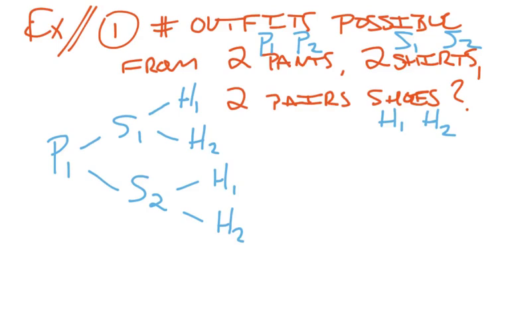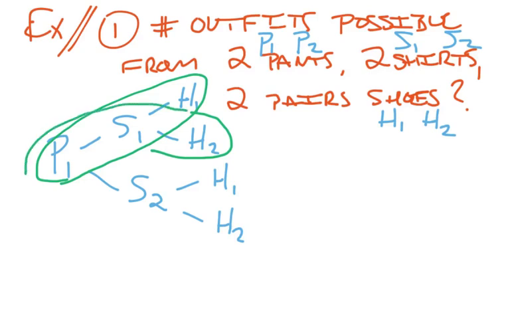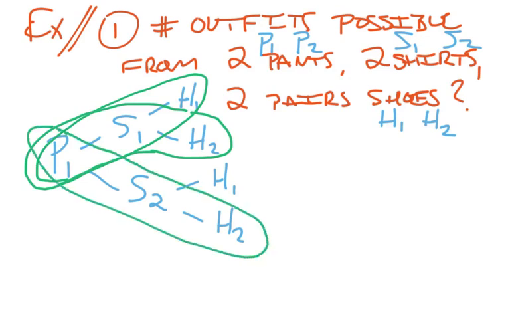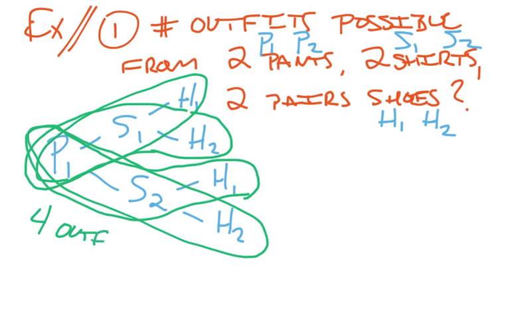All right, so if you're counting the total number of options that this gives us, well, that would be one outfit right there. That would be another outfit with H2 instead of H1, so that would be two outfits. Down here would be three outfits, or pairing up H1 instead would be a fourth outfit. Right, so each one of these gives us 4 outfits.